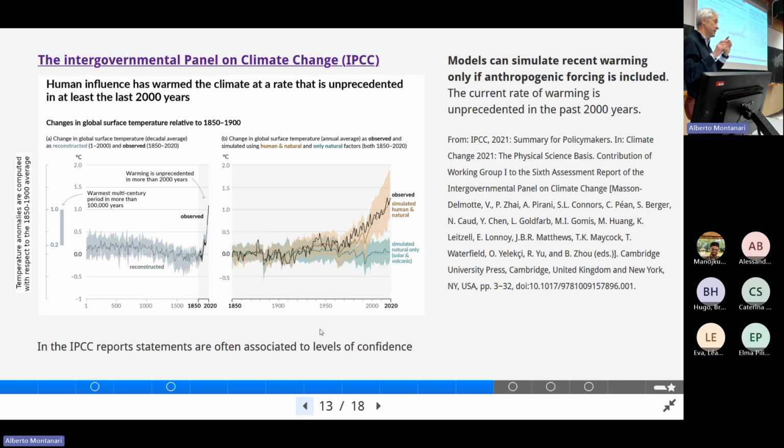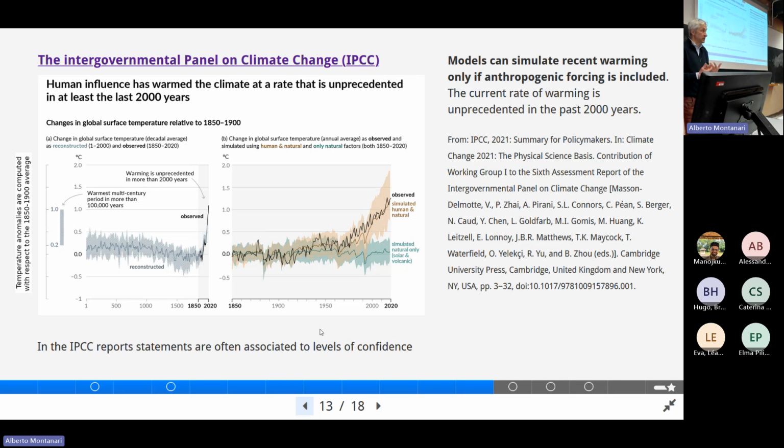First of all, let me just say one more time. The fact that they are associating a level of confidence is very good, because this goes towards an assessment of uncertainty, which is what I advocated when I started this lecture.